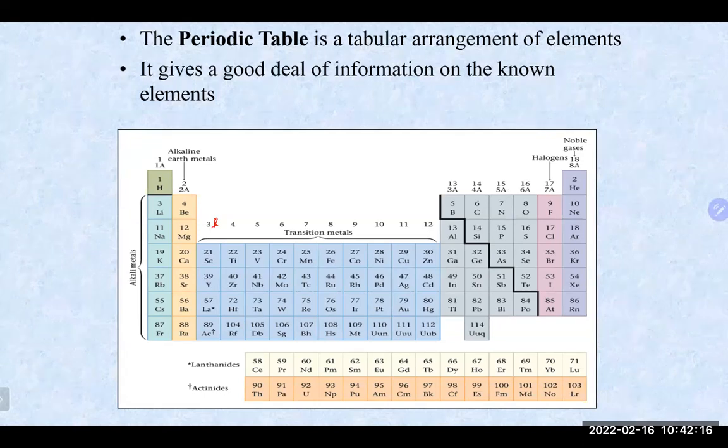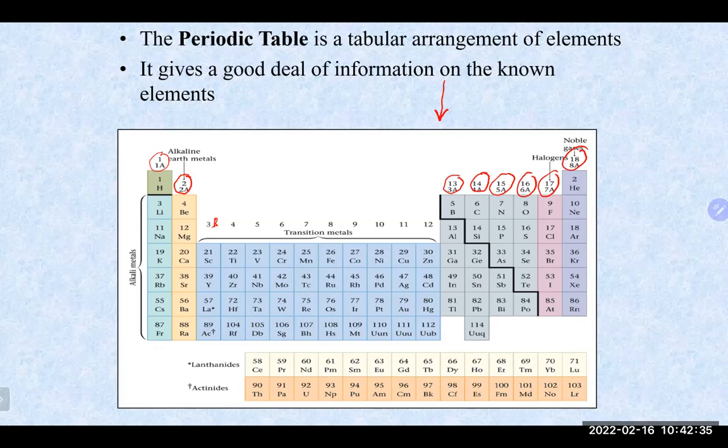So when we look at a group on the periodic table, groups actually go down, and we do use this numbering. So this is group 1, this is group 2. We skip all the center. This is group 3, group 4, group 5, group 6, group 7, and group 8.